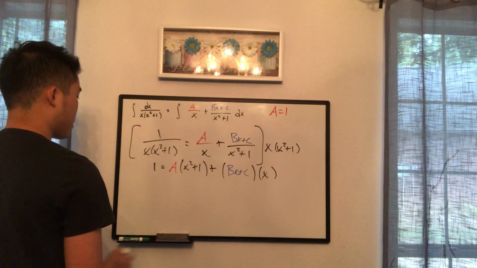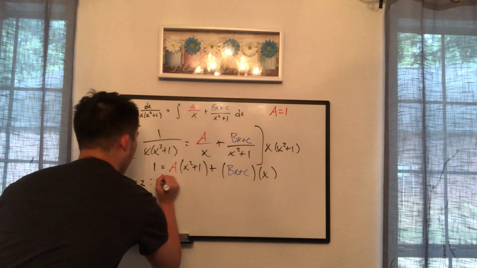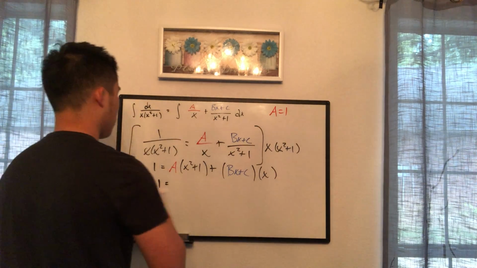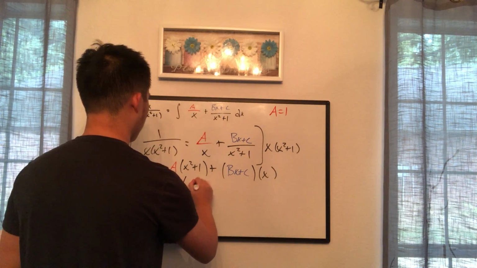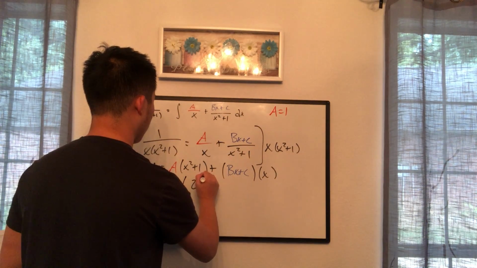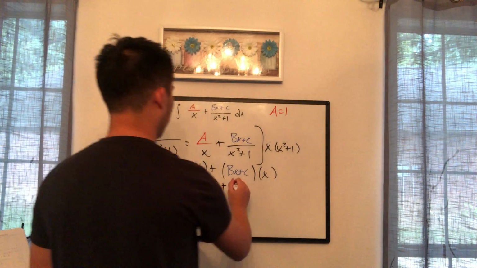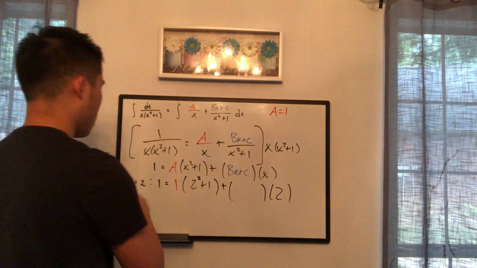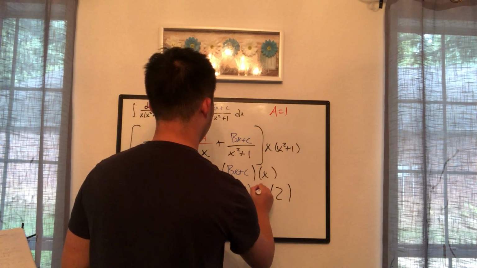So let's pick x equals 2. 1 equals, plug in 1 for A, 1 times 2 squared plus 1, plus 2 over here, and then B times 2 plus 0.